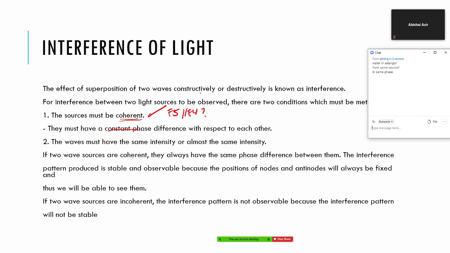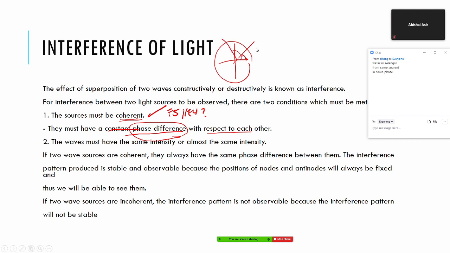When you are in Form 6 STPM, you must say that they have a constant phase difference, because you already learned what a phase difference is, right? Phase difference is with respect to each other. In a wave, the phase difference is how much the waves differ. When you have a phase diagram, you can see how much the phase difference is between two waves.